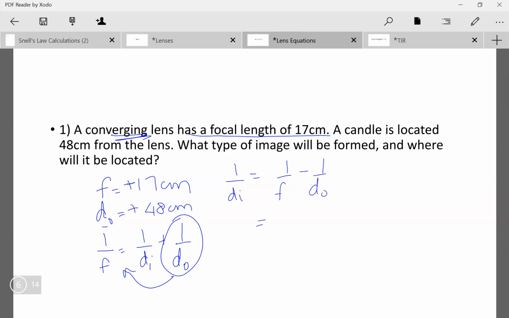And I'm going to put some values in here, 1 over positive 17 minus 1 over 48. You can even put this entire thing in your calculator if you want: open a bracket, 1 divided by 17, close bracket, minus, open another bracket, 1 divided by 48, close bracket. But you can do it step by step.